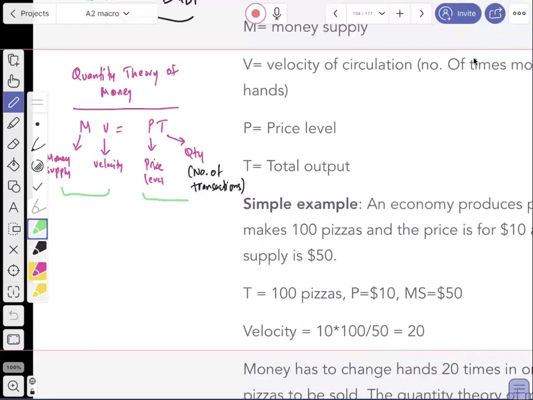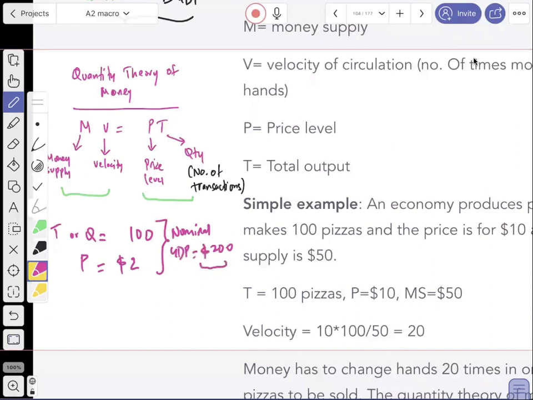And a simple look at it is that, for example, if there are 100 units in an economy, and the price of each unit, this is by the way, Q means T, Q is 100, and the price of each unit is 2, then the nominal GDP, the total value of the GDP in this economy, will be $200. And so, how much money do you require to undertake this $200 worth of transaction?